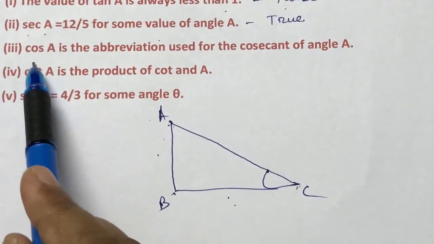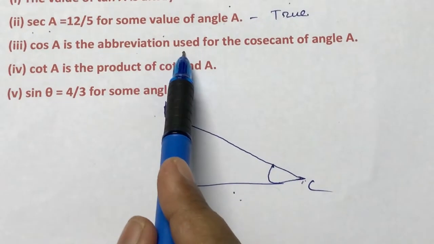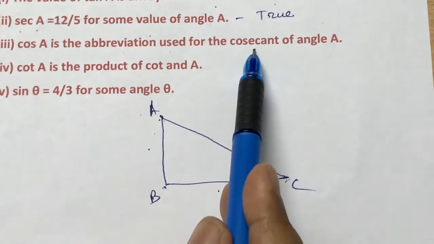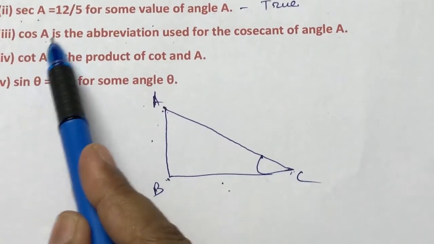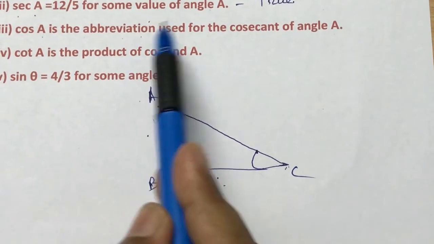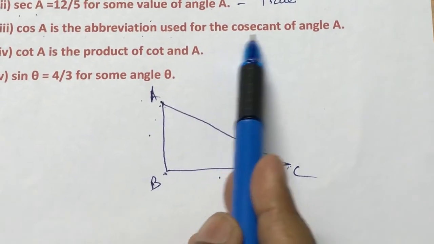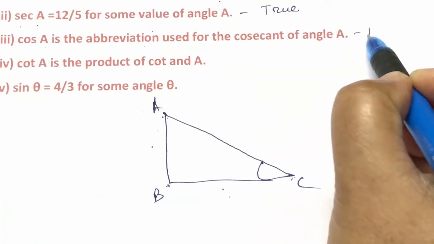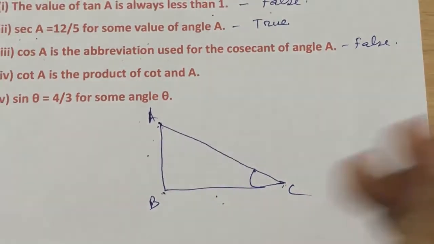Okay. Now cos A is the abbreviation used for cosecant of angle A. Sorry, in my last video what I had told, cos A is the abbreviation of what? Cosine of angle A, not cosecant. Cosecant is cosec A. So this particular statement is false.